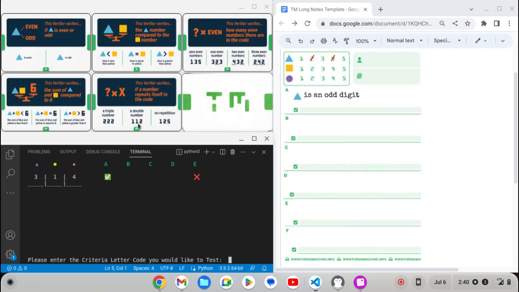So I'm going to type up that in section E, the solution is a double or triple number.